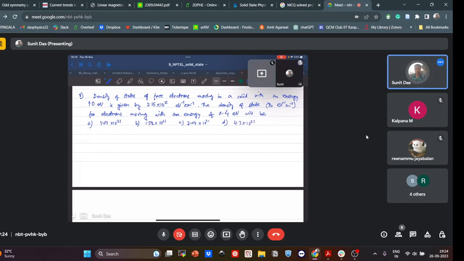So density of states of free electrons moving in a solid with an energy of 1 electron volt is given by 2.15 into 10 to the power 21 eV inverse per cm cube basically. Now the density of states for electrons moving with an energy of 0.4 eV will be what?